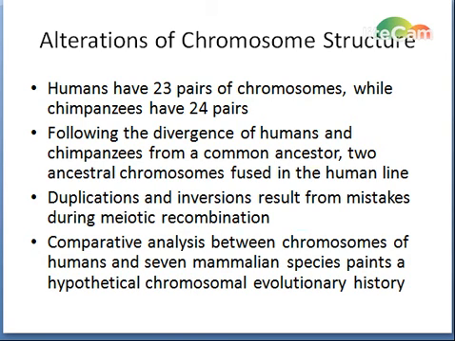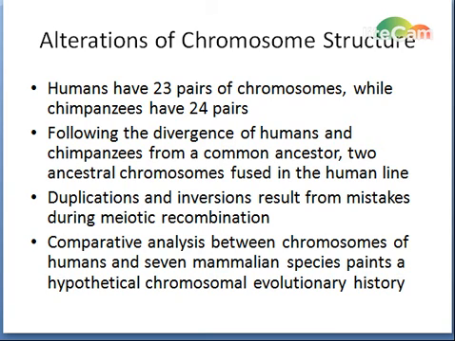One of the things more recently believed is that there has been an alteration of chromosome structure over time, and that explains the divergence of species. For example, humans have 23 pairs of chromosomes, and chimpanzees have 24.